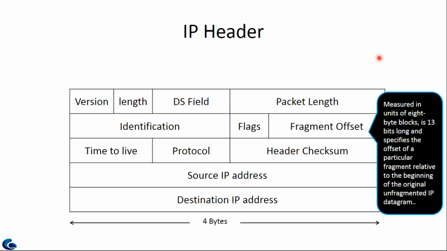The next field we are seeing is the fragment offset. Obviously we know the original datagram is there, and pieces are taken out of it one by one, chopped into pieces and sent to the recipient over the network. Now a particular fragment in the original datagram has a position.